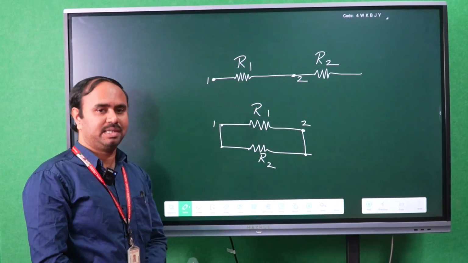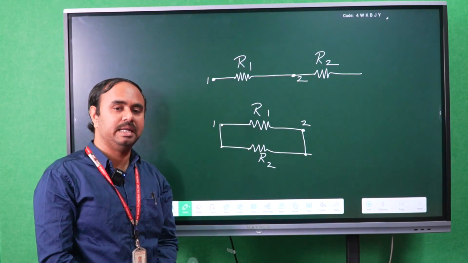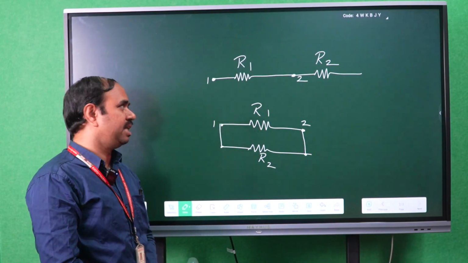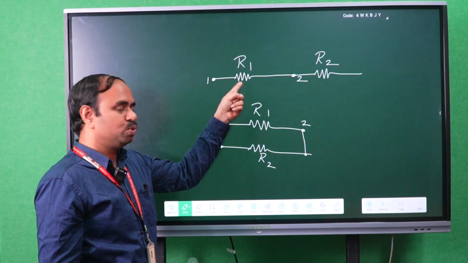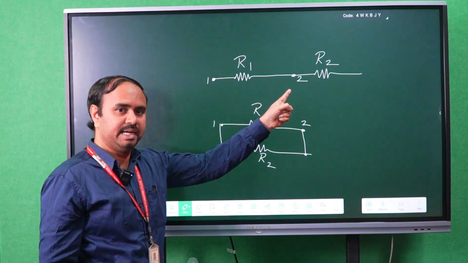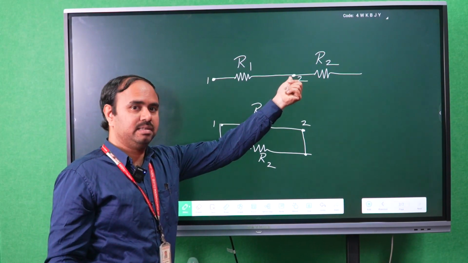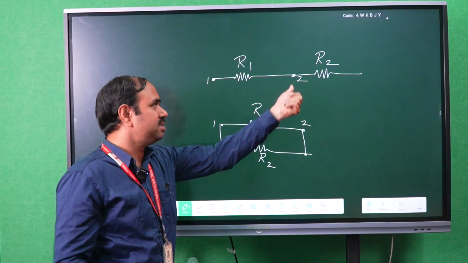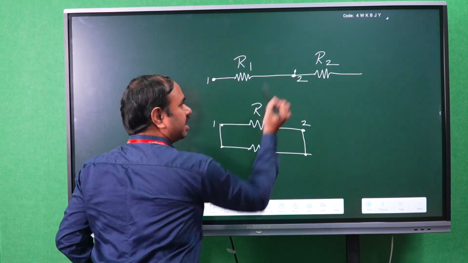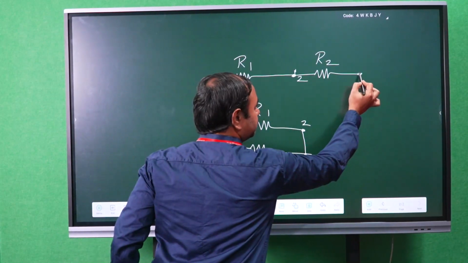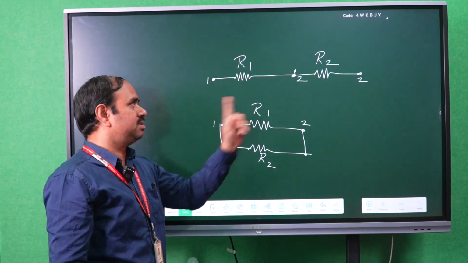So in this way, we have to recognize whether the resistances are connected in series or in parallel. Let me say once again, I am repeating the point. Series means R1 has two ends, first end and second end. If I am connecting the second resistance R2 to the second end of R1, that means R2 is starting at the end where R1 ends, then we can say it is series.